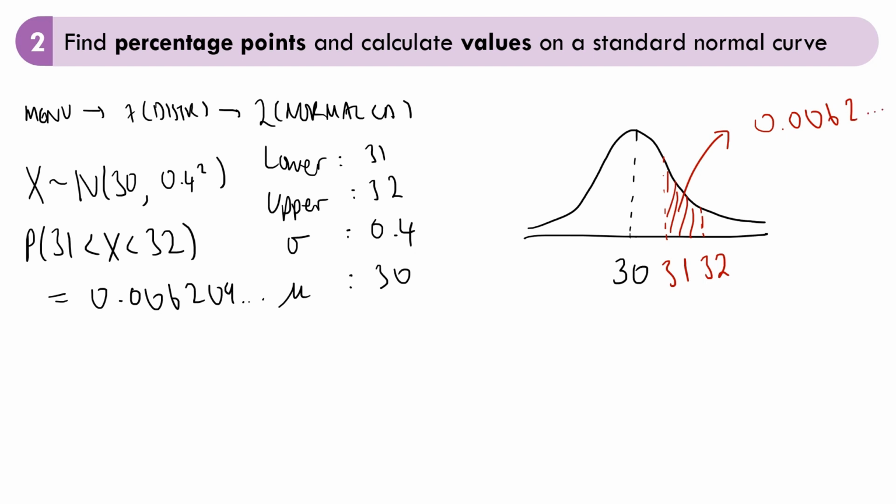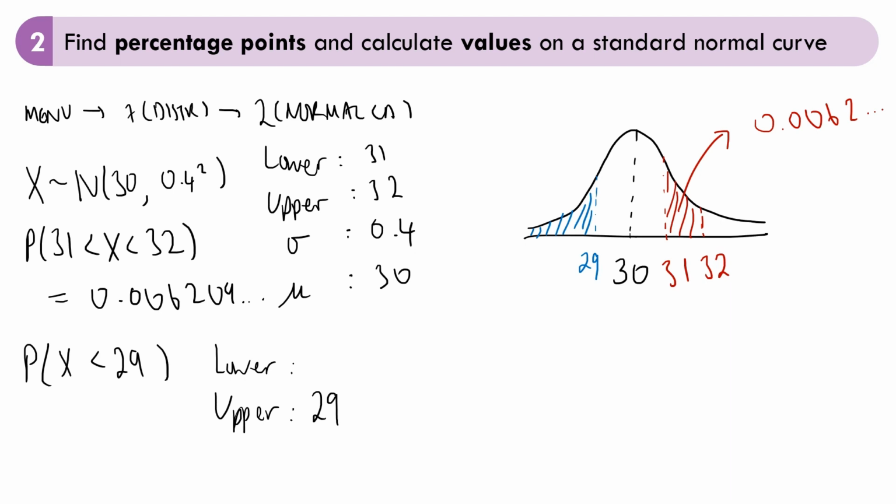Now, if we're trying to find probabilities such as the probability that x is less than 29, if we look at what we're trying to find on the normal curve, our upper bound will be 29, and we need to choose a very low value for our lower bound.